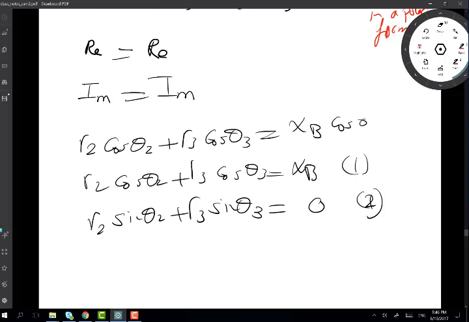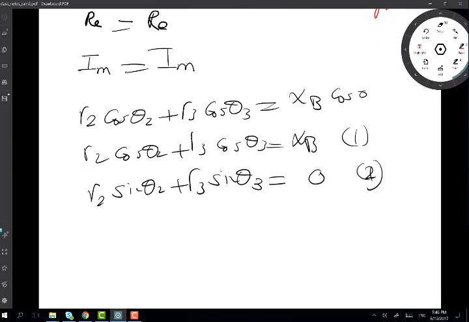This is the systematic procedure with the vector analysis: I end up with equations that I solve together. If I want to get xb, I can get rid of theta 3 like I did before, by simply putting the cosine theta 3 term on one side by itself.